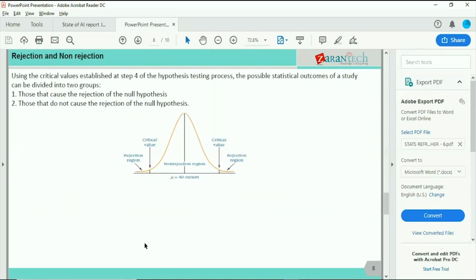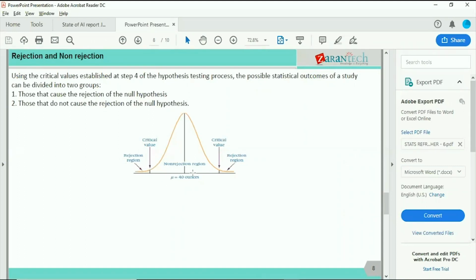So now how do you decide whether you're going to reject the null hypothesis or not? I think we have discussed this a lot of times, that this is a 99% confidence or 95% confidence or whatever it is.